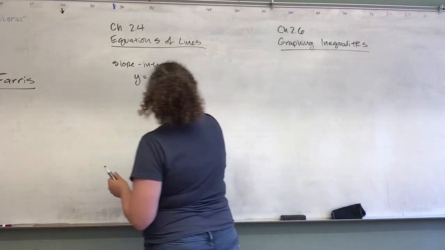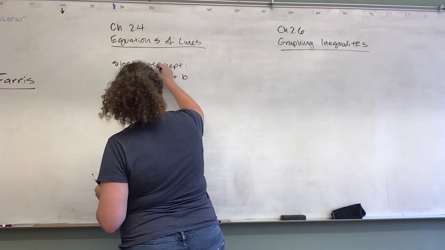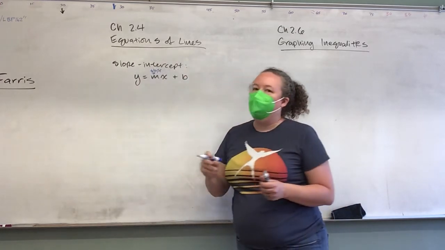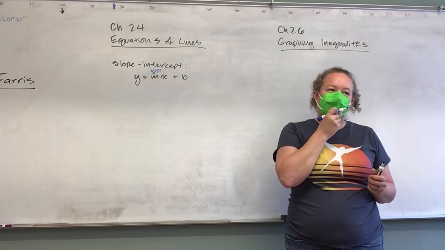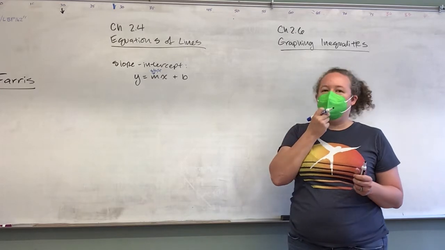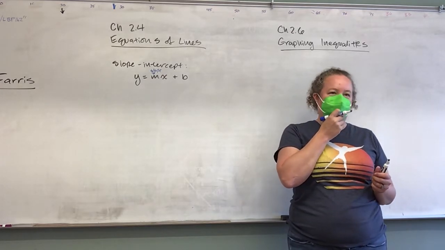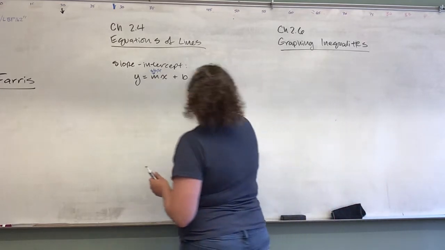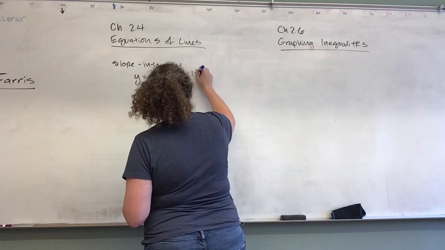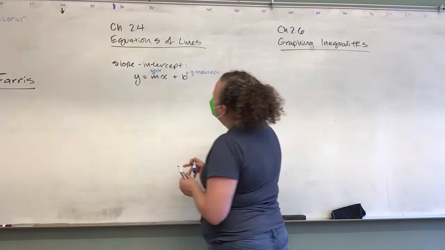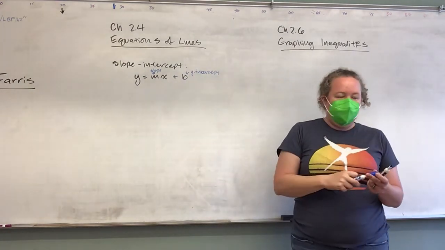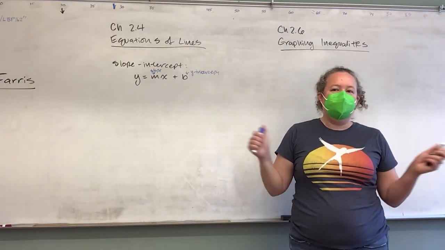M. So there's the slope. And then which part is the intercept? B. And is that the y-intercept or the x-intercept? That's right. So B is the y-intercept.